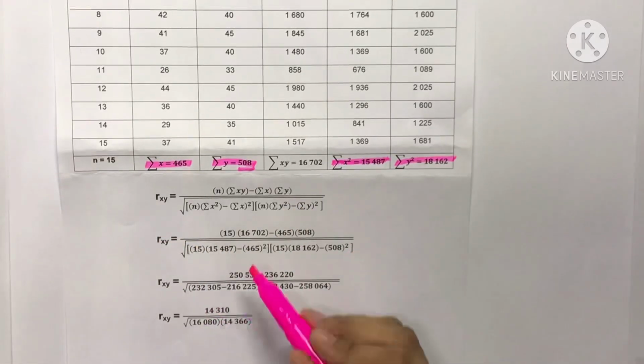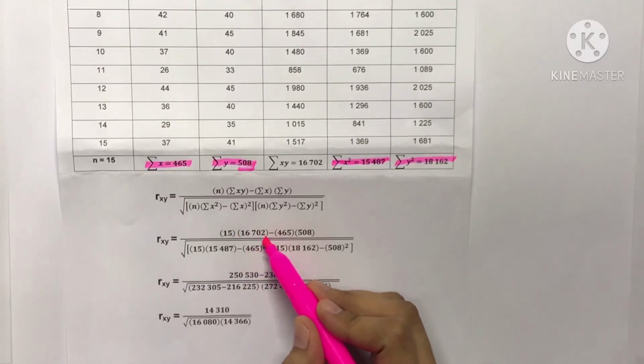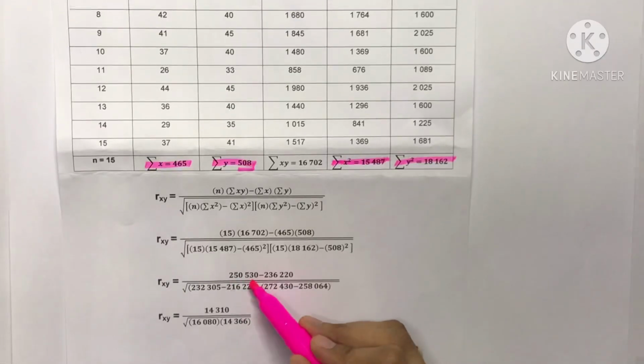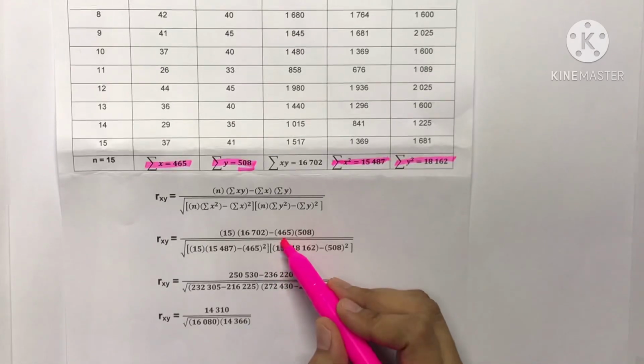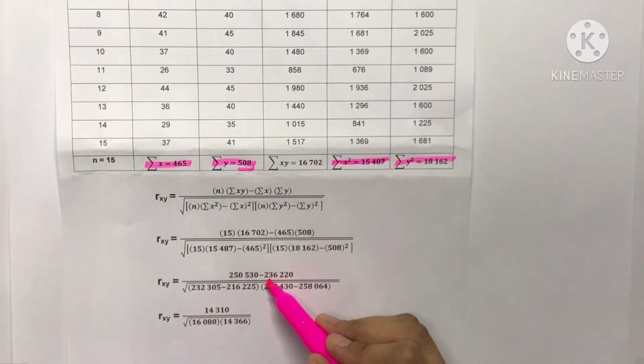So we will multiply 15 and 16,702. The product is 250,530.